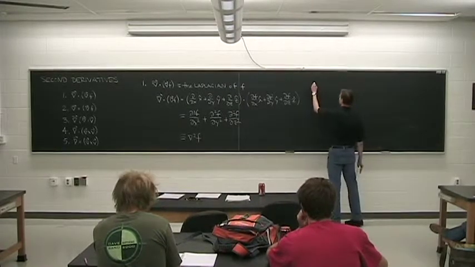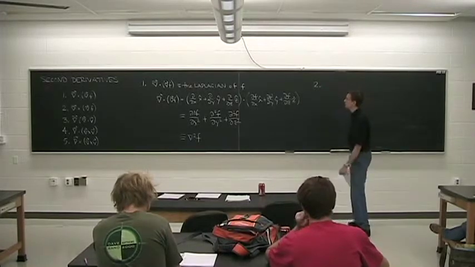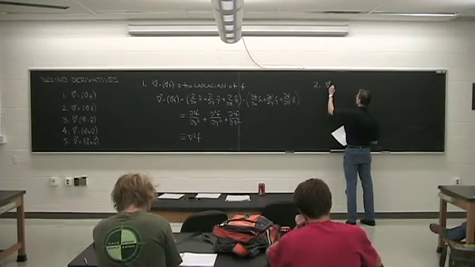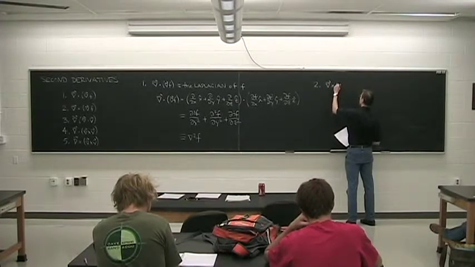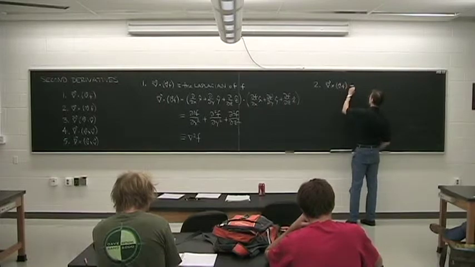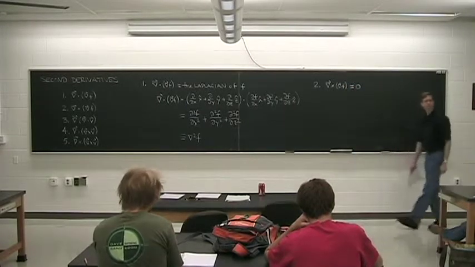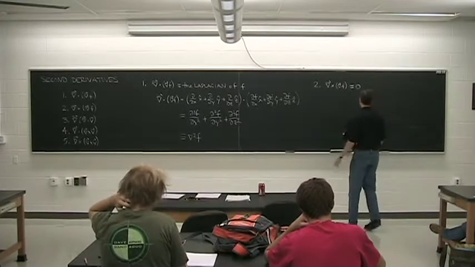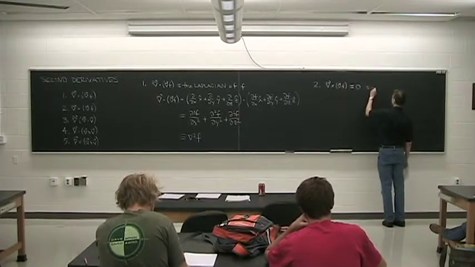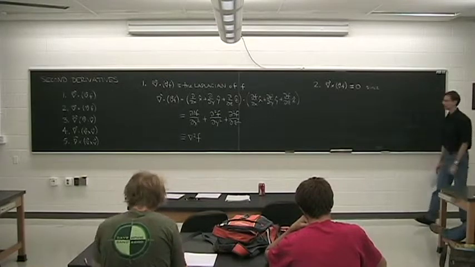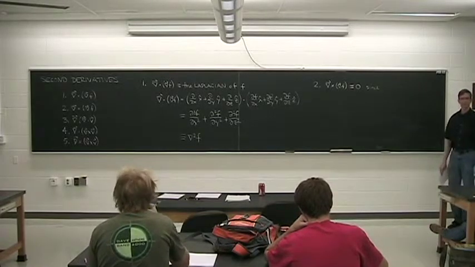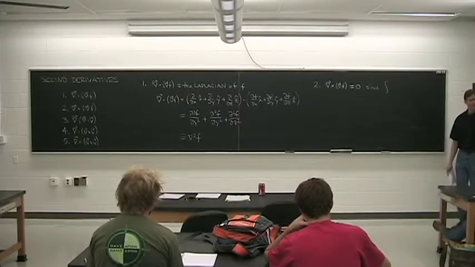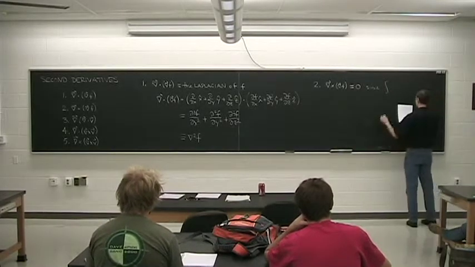Onwards and upwards. Number 2, the curl of the gradient of f. That's identically 0. Any gradient, its curl is 0, and we know that since if the curl of a vector field is equal to 0, then that means that the line integral around any closed path is equal to 0.